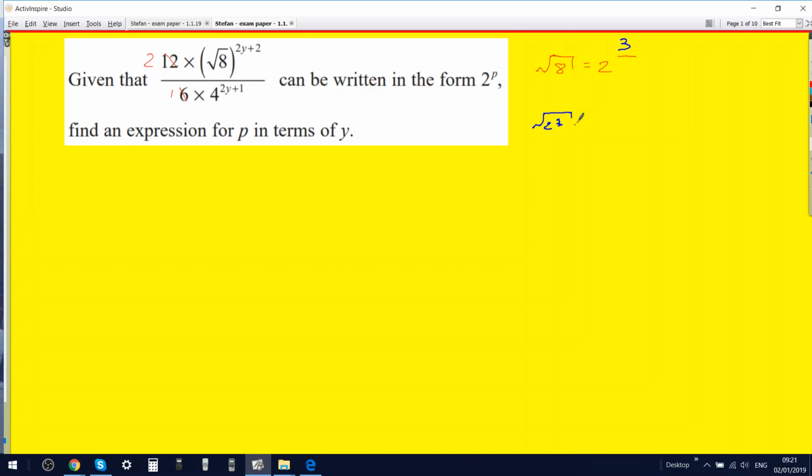How do you write square root as a power? Do you put a number in front of it? No. So the square root of any number is the same as that number to the power of something.